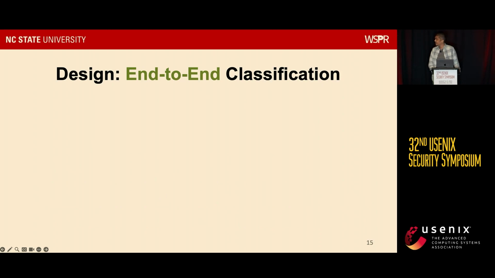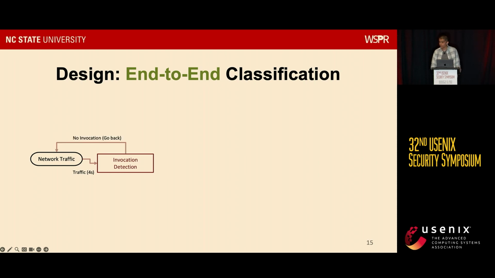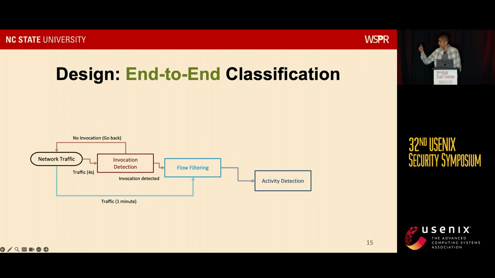So finally, we built an end-to-end classification system. We combined all these components, and we start from the network traffic. We use the network traffic of 4 seconds to detect invocation. If we don't detect an invocation, we simply go back and start the next iteration. However, if we do detect an invocation, we then invoke our flow filtering component, which takes more traffic from the network and can essentially filter flows to be used for activity detection.